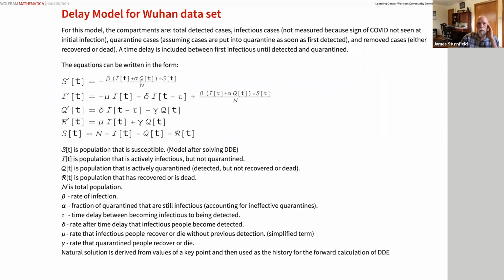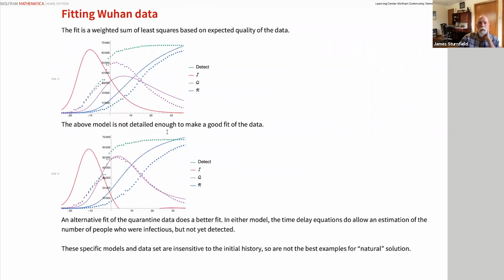This model takes that into account. We won't actually fit the susceptible population because that'll be calculated after solving the DDE. And basically, we can take this and do a least squares fit to part of the data set.